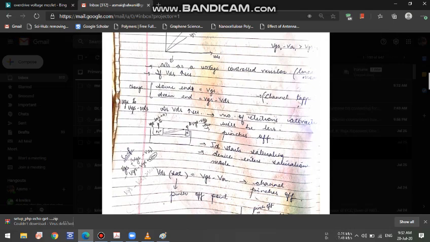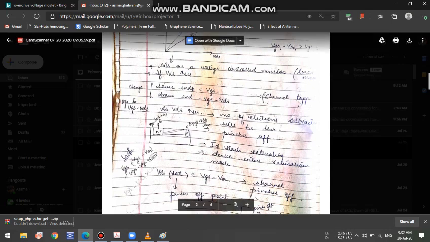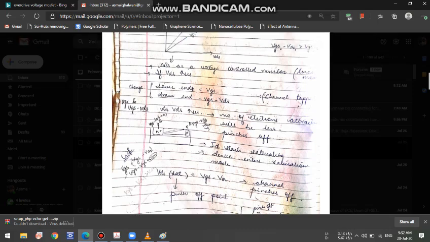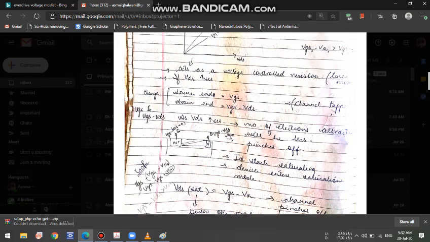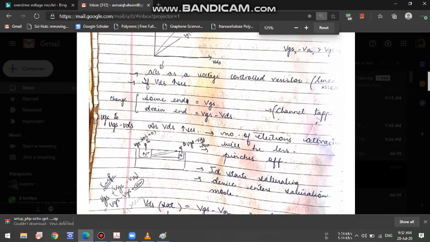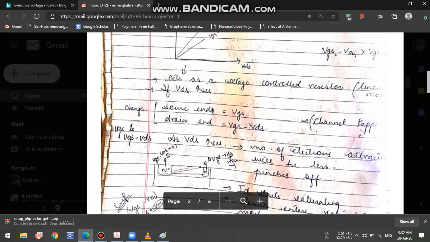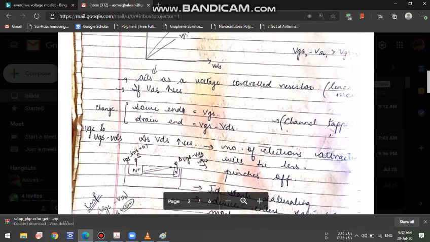Here at the source my voltage is VGS minus VDS, but VDS increases, it is 0 at the source and it is maximum at the drain terminal.